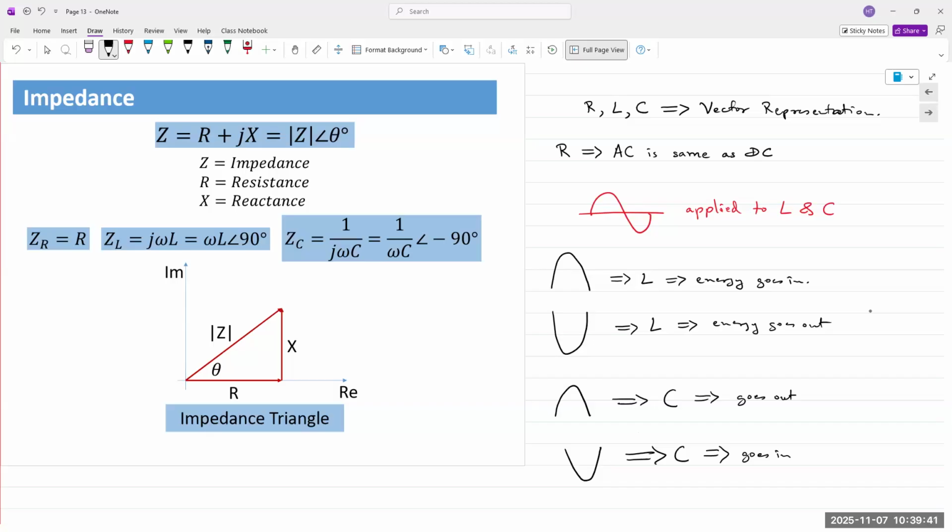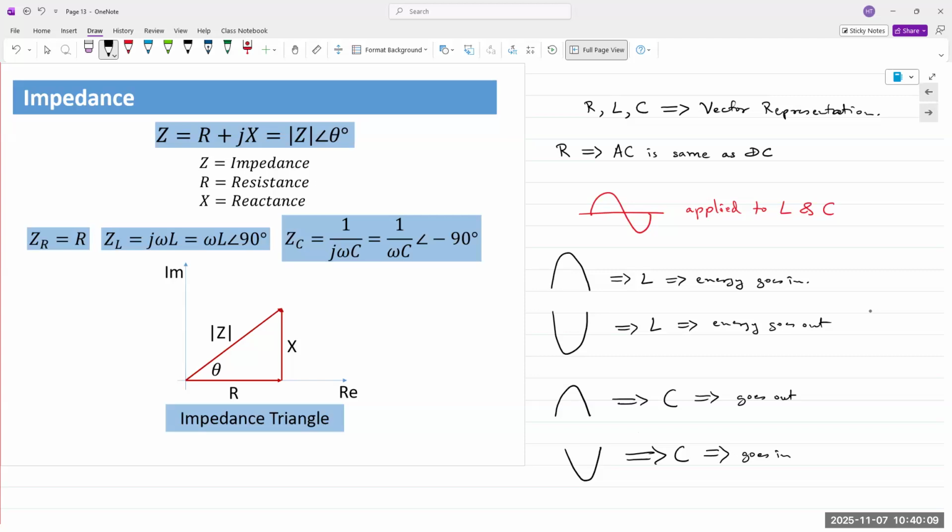If the input remains constant, like DC, let's say you apply 10-volt DC to an inductor or capacitor, it's going to receive the energy, store it, doesn't do anything. But now if you try to change this 10 volts to, let's say, 5 volts or 15 volts, you're now changing the input value. If you change this value, then that stored energy is going to oppose that change. And that opposition is termed as reactance.